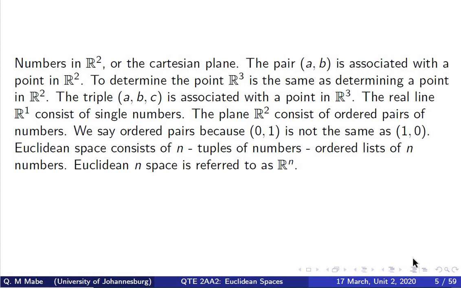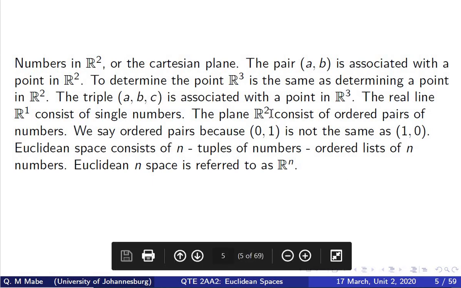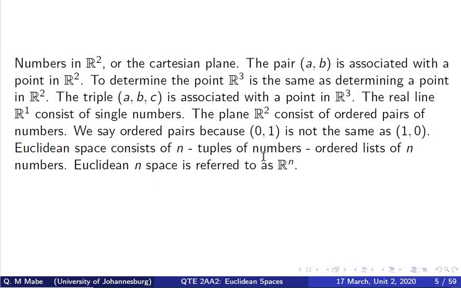The real line is just a single number on your real number line. Your real number line is a straight line that goes from 0 to infinity and from 0 to negative infinity. So your real line is between infinity and negative infinity. Those are the numbers on the real number line. The plane R2 consists of ordered pairs, as I've already pointed out. But if we move on to higher dimensional spaces, these points can go all the way to n, and we call them n-tuples.